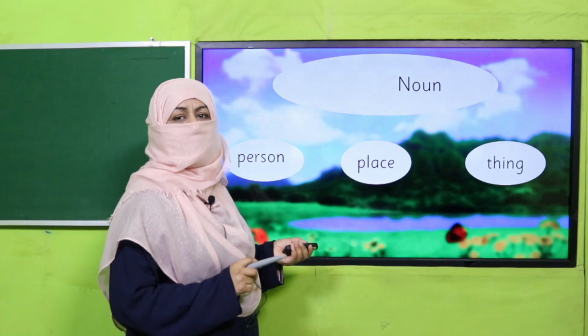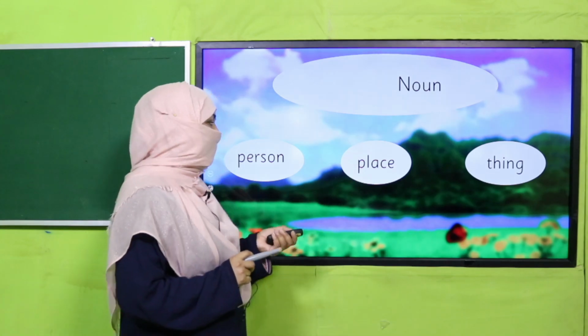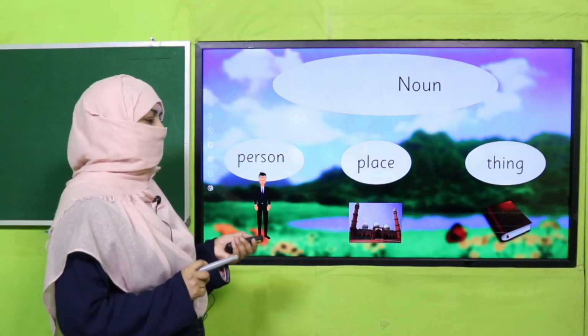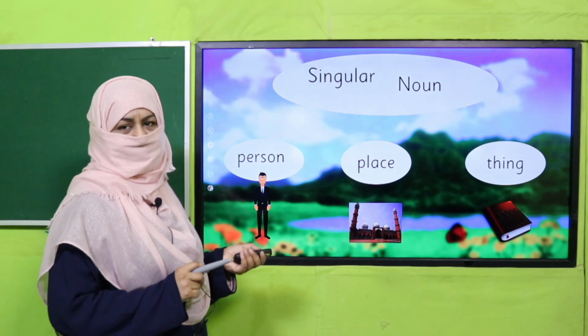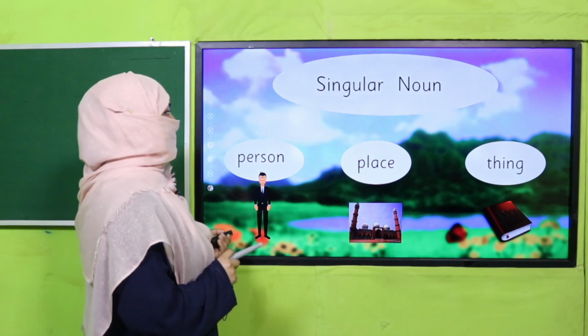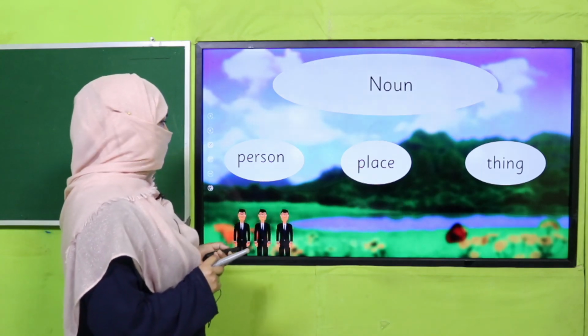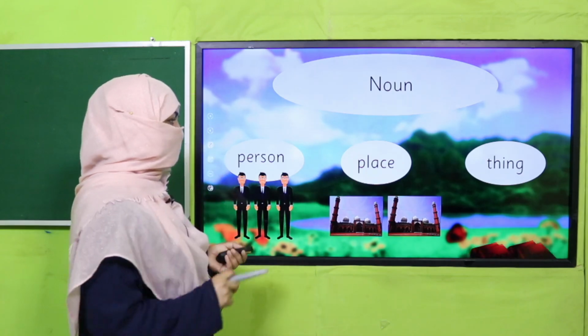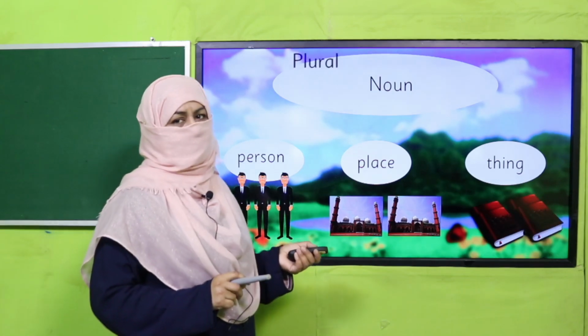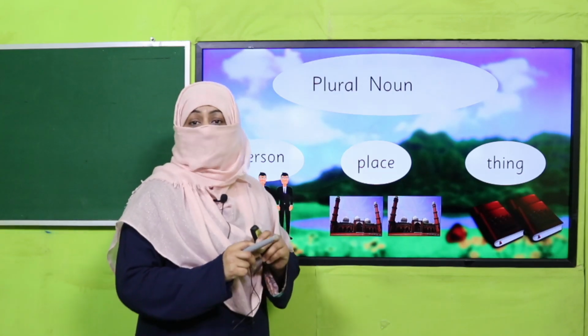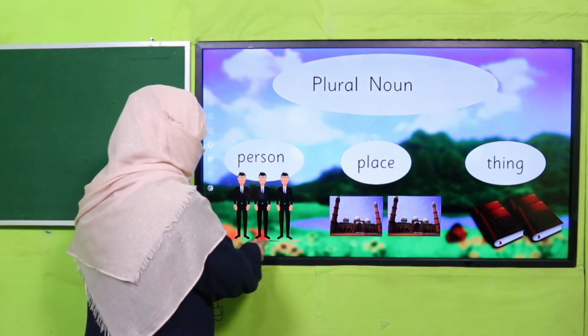And when this noun refers to one person or one place or one thing, it's a singular noun, right? And when this noun refers to more than one person, more than one place, more than one thing, it's a plural noun, right? Now, this is how I have shown you in images.